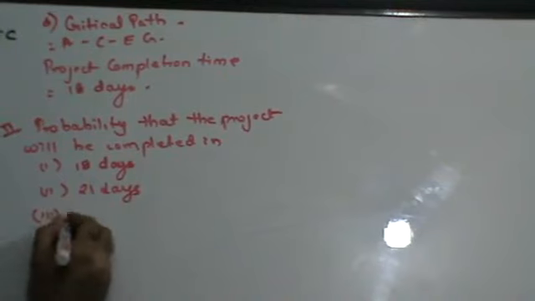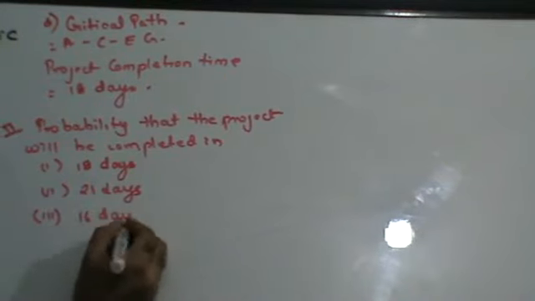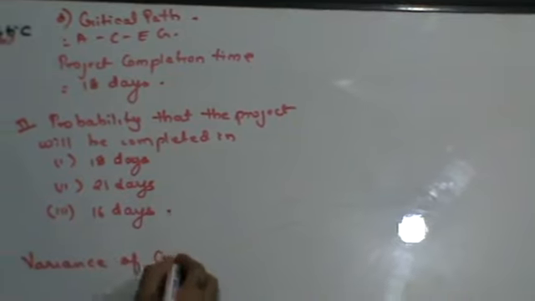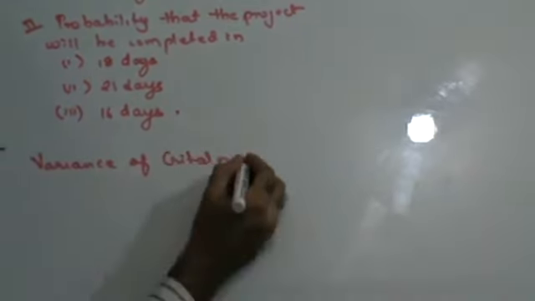Third part, 16 days. The first part was to draw a PERT network. Now they've asked you probability. Before I start with the probability, I need to find out the variance of the critical path. Whenever they say probability, let us first find out the variance of the critical path.